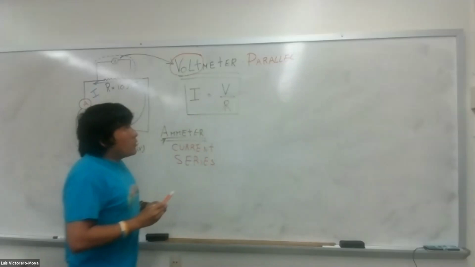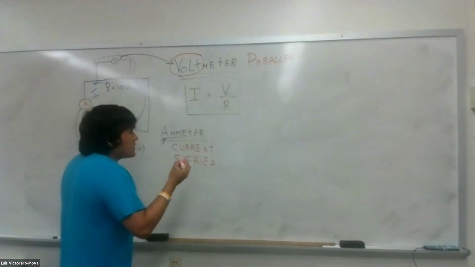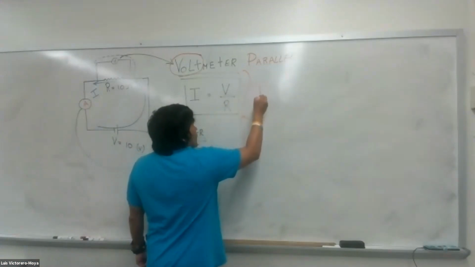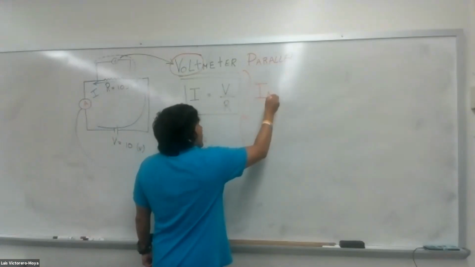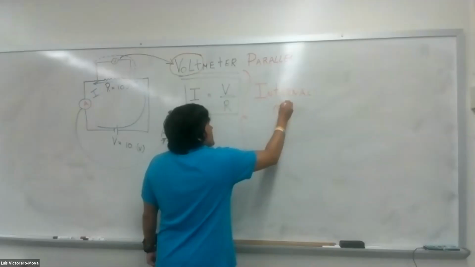Every device that we use in electricity, a voltmeter, a power supply, a battery, and the ammeter and voltmeter, they have what we know as internal resistances, in ohms.